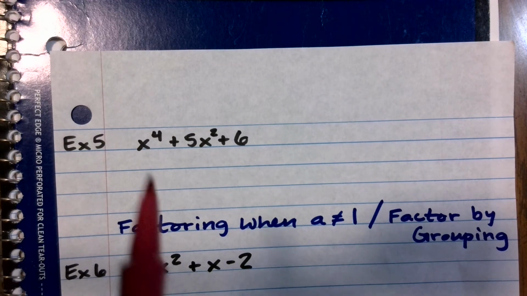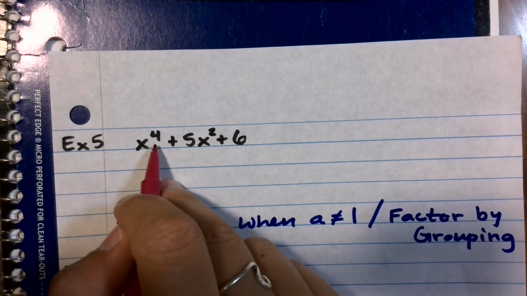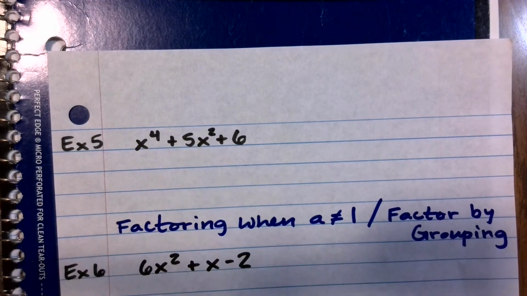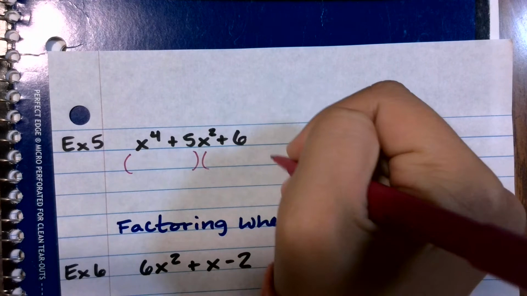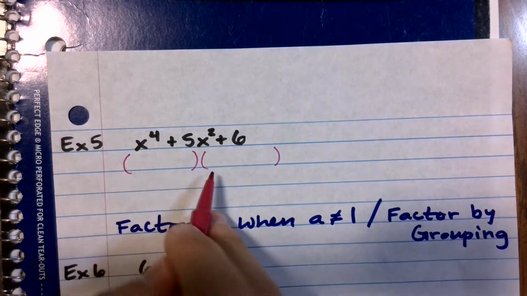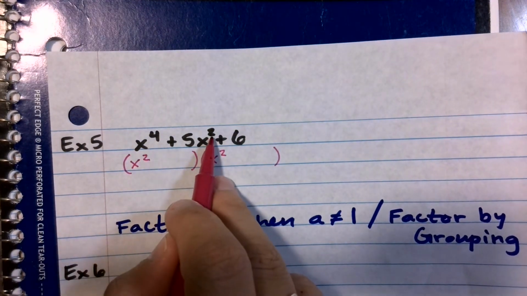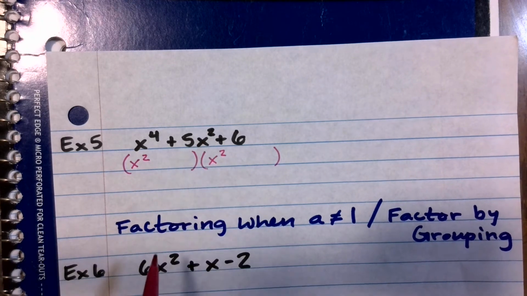As long as the power of your leading term is even and it's half of the power of your second term, this works the exact same way as our regular trinomials. The only difference is that our first term, instead of being just an x, will be an x squared. Or if this was an x to the sixth and an x to the third, then this would be an x to the third. So it really ends up being whatever that one is.